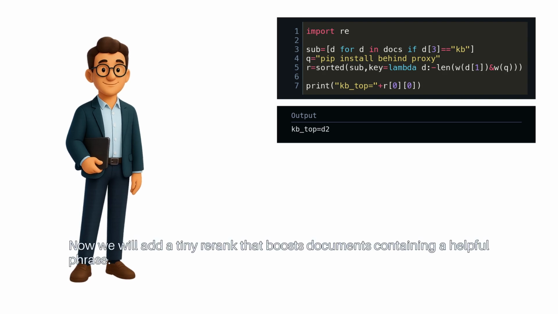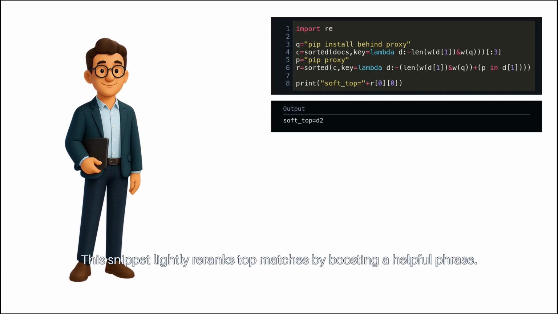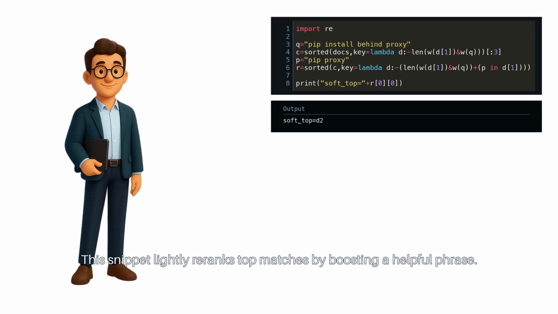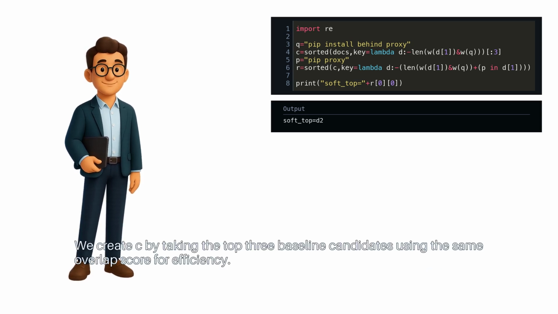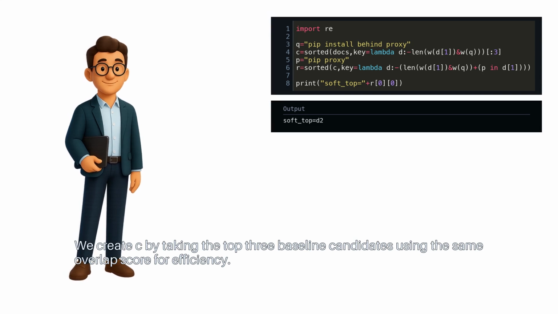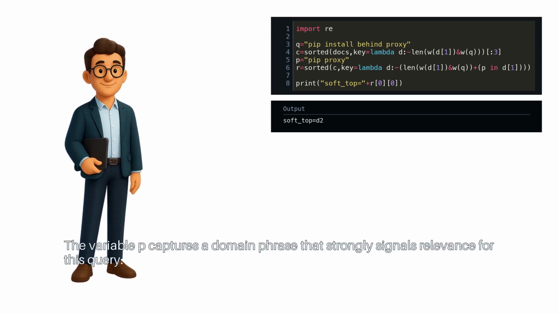Now we will add a tiny re-rank that boosts documents containing a helpful phrase. This snippet lightly re-ranks top matches by boosting a helpful phrase. We create C by taking the top 3 baseline candidates using the same overlap score for efficiency. The variable P captures a domain phrase that strongly signals relevance for this query.